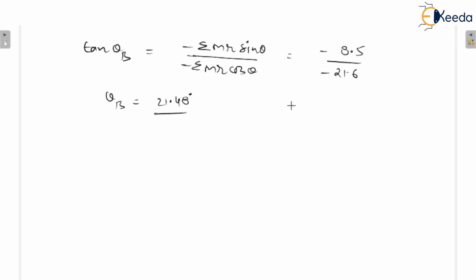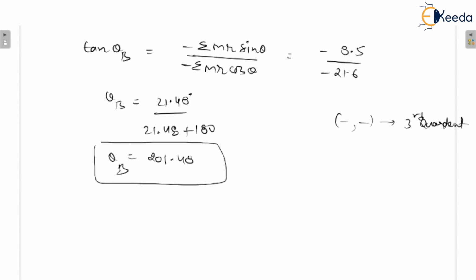From here you get the value of theta b, that would be 21.48 degree. But here you can see there is a quadrant minus minus, that is the third quadrant. Yes or no? This is the third quadrant. So definitely 21.48 plus 180, it would become 201.48. So 201.48 would be the position of the balancing mass.